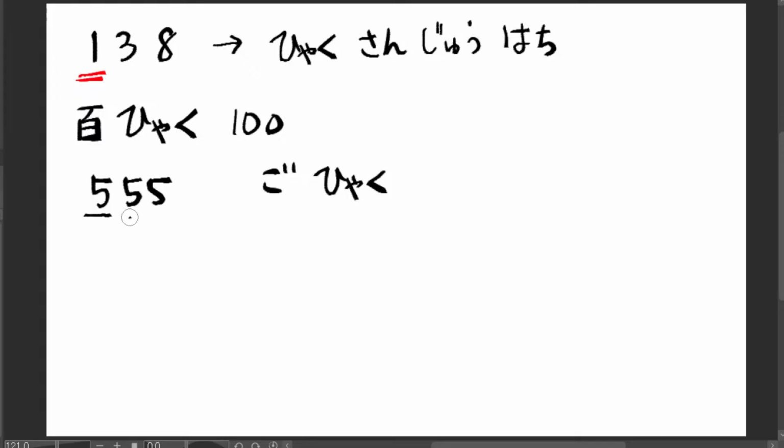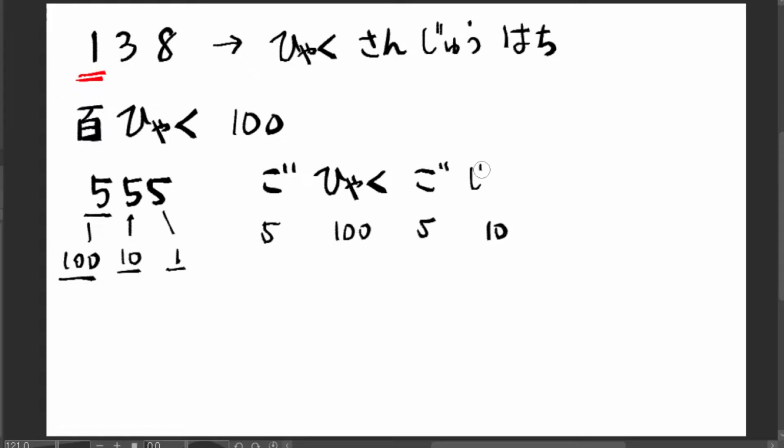Then you have 5 at the tens, right? This is 100, and this is tens, and this is ones. So go hyaku, number 500, then 5 tens, gojuu, and then 5, go.